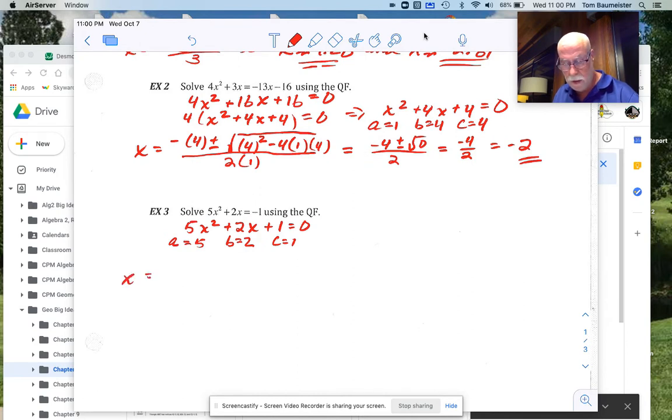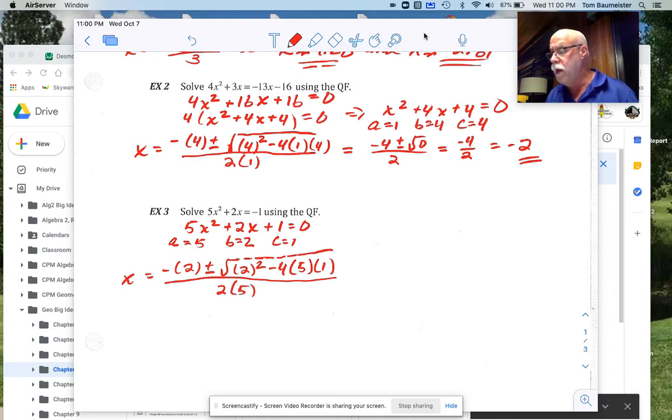x is equal to negative 2 plus or minus the square root of 2 squared minus 4 times 5 times 1. Remember, that's 4ac. All of that is divided by 2 times a, which is 5.